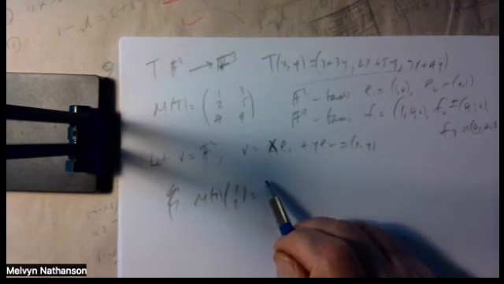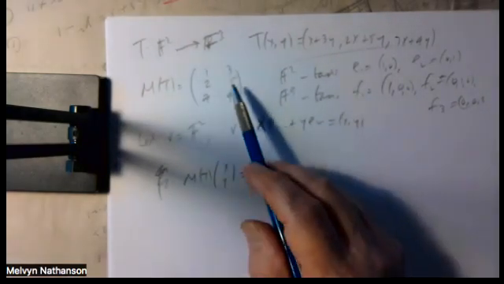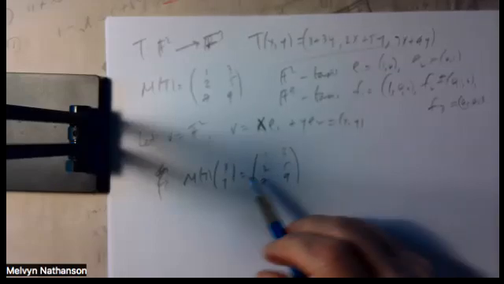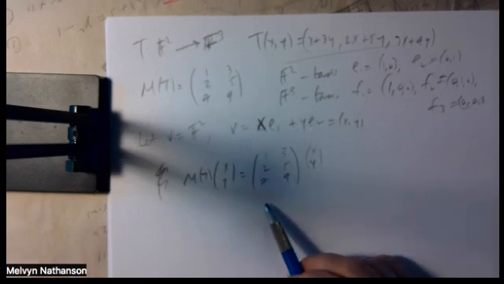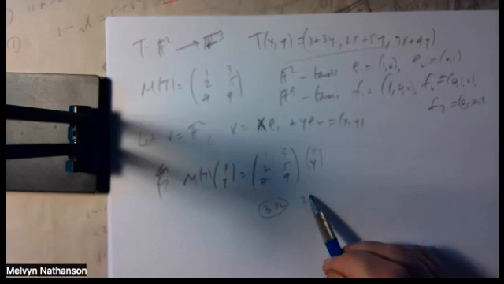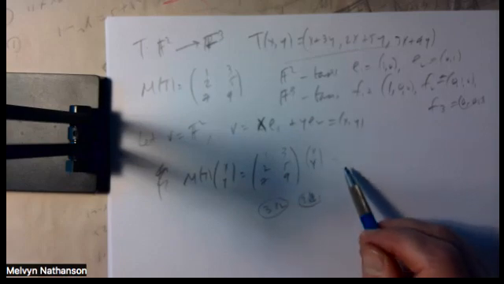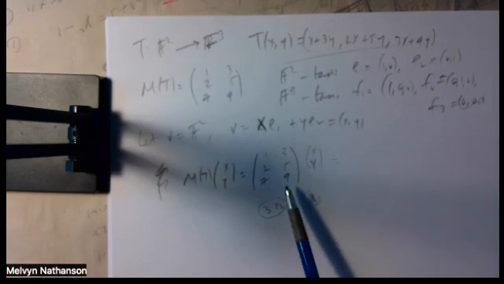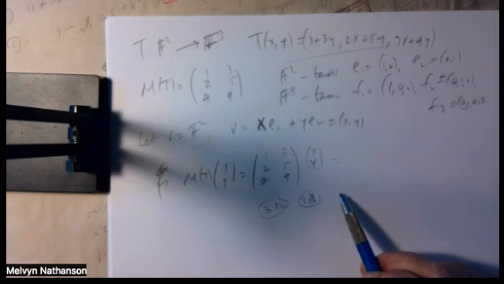M of T is the matrix 1, 2, 7, 3, 5, 9 times x, y. So this is a 3 by 2 matrix. This is a 2 by 1 matrix, 2 rows, 1 column. I can multiply them because the number of columns on the left equals the number of rows on the right. And that's going to give me a 3 by 1 matrix.